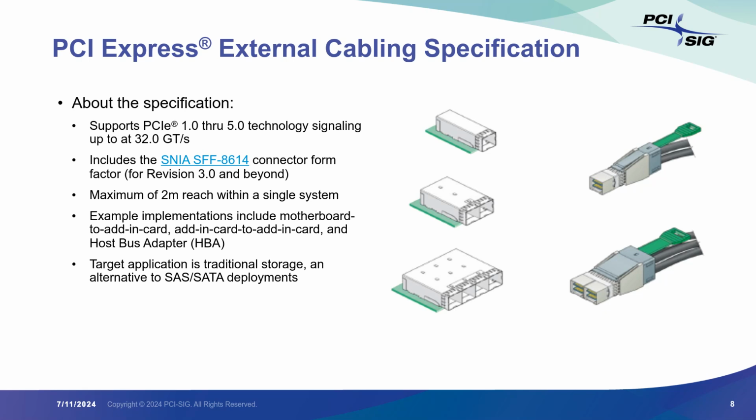Each of those solutions since 3.0 have really targeted a maximum reach of 2 meters within a single system. That's at the 5.0 32 gigatransfers data rate based on 30 gauge cabling. And the target applications for this would be something like an add-in card or a host bus adapter, really meant to align with traditional storage deployments for alternatives to SAS and SATA deployments.